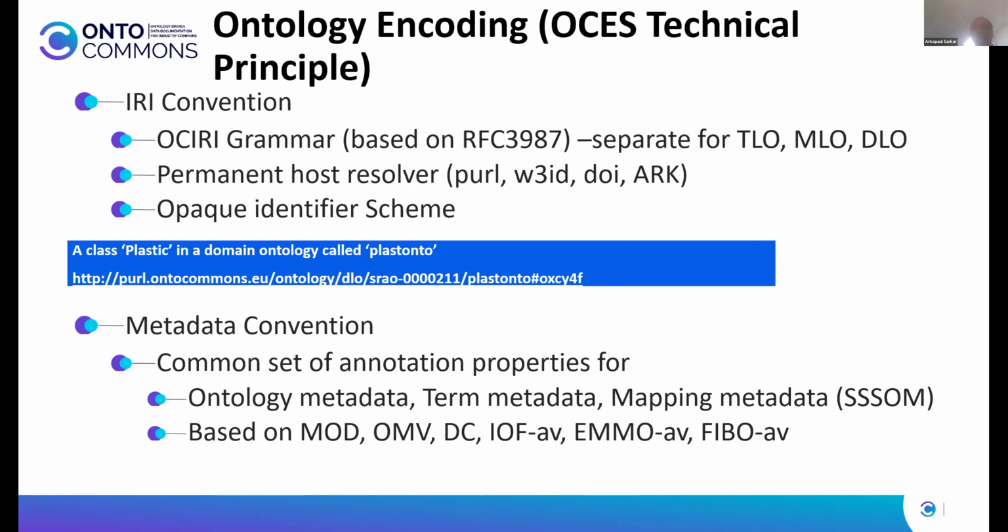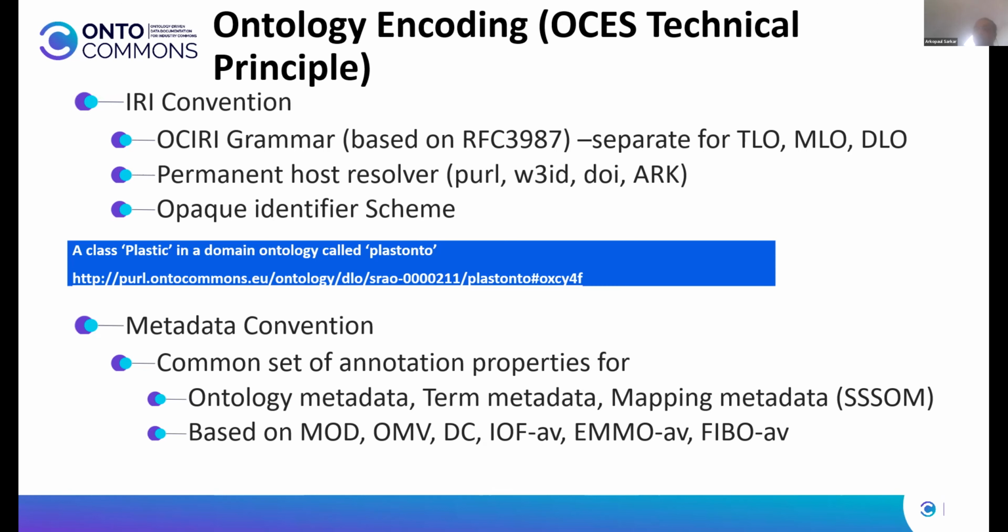okay, how you should make your IRI, which is a resolvable IRI, and then all of the different schemes you should maintain there. The most important part is the metadata convention, that you should maintain a good annotation of your ontology, because otherwise the ontology will not be useful in the future.